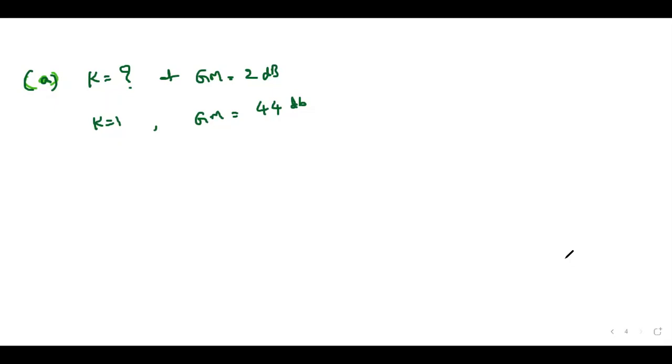The gain margin is the gain magnitude plot at omega pc. Omega pc is 4 radian per second, that is correct? Yes, sir. Then at this point, what is the magnitude? Somewhere around minus 42, sir.